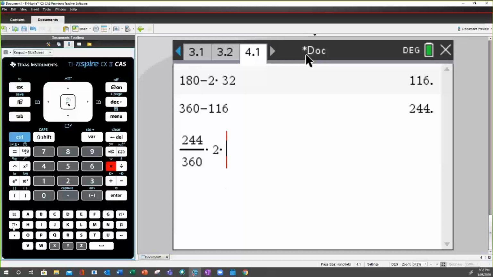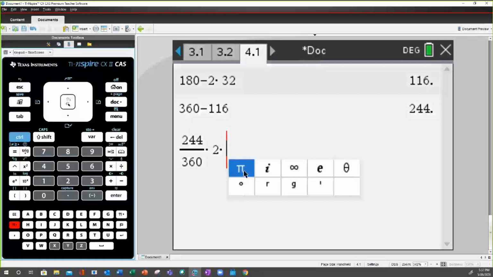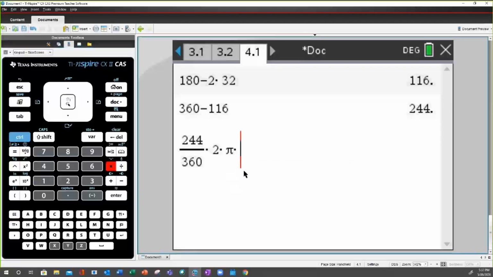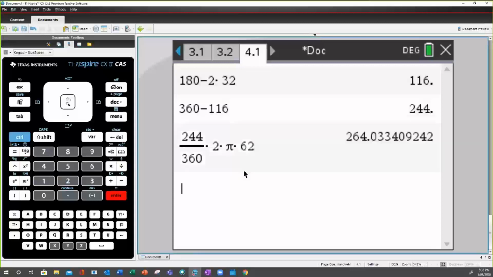2 pi, pi is down the bottom left here. And the inner circle had a radius of 62. There we go, we've got 264 meters. And I'm just going to go up and copy this formula. That's a nice handy feature of the CAS.